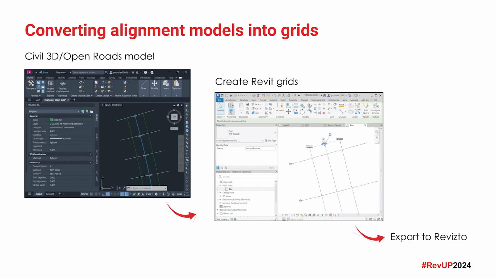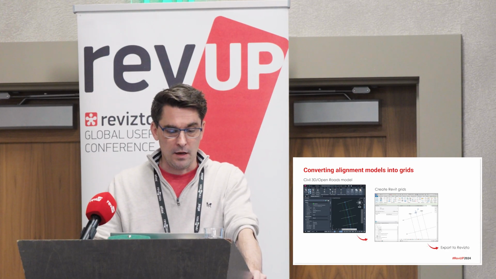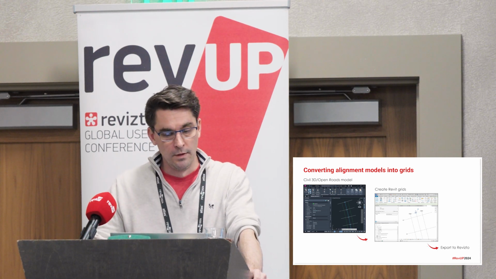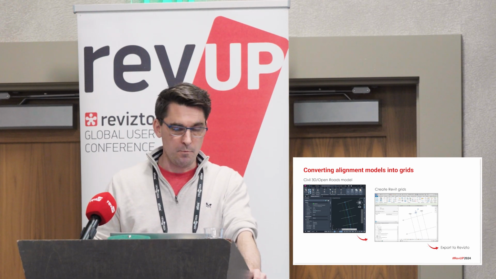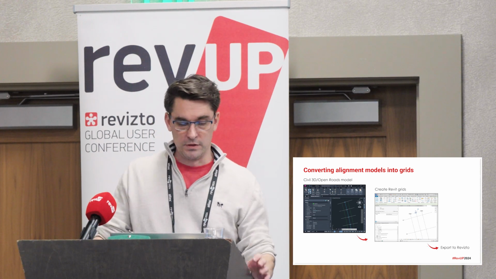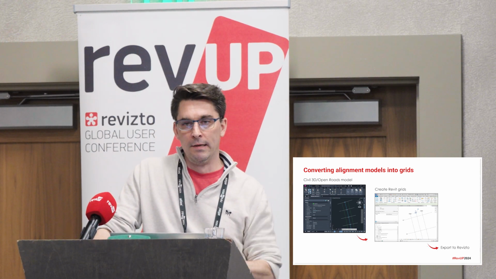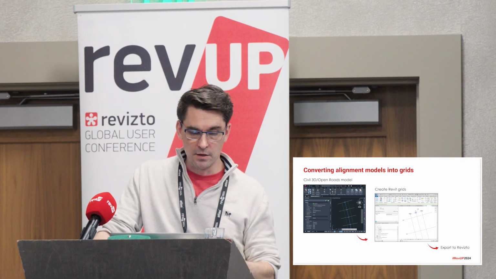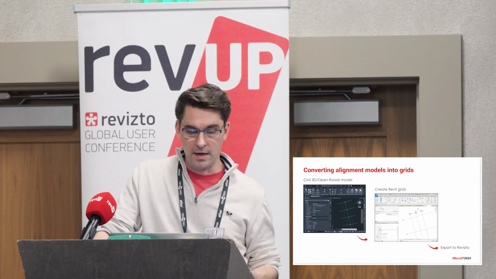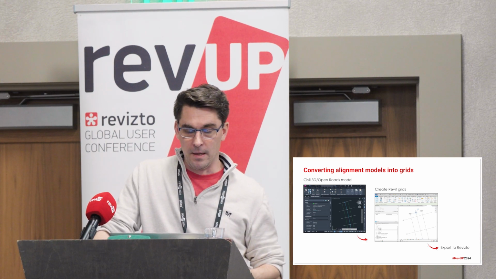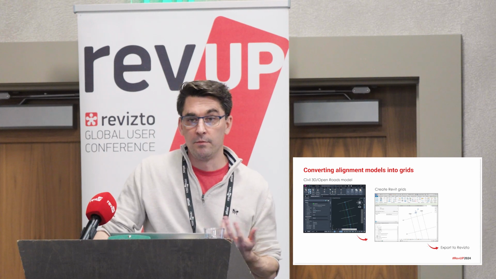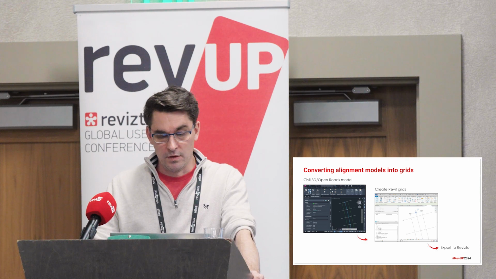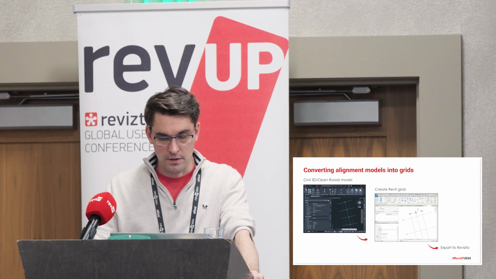You're going to have Civil 3D quite typically, and OpenRoads, the Bentley tool, where they will create those alignment models in those software. So you need to somehow get that into Revizto, and the only way to do it currently is to bring that Civil 3D model into RevUP and trace over the top of it, basically, using RevUP grids, and then you export that RevUP grids model into Revizto.